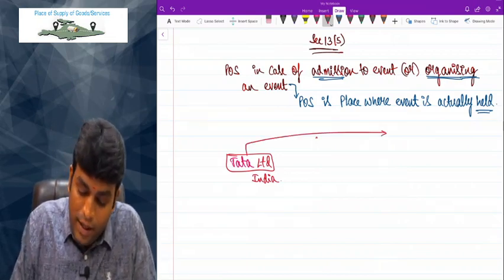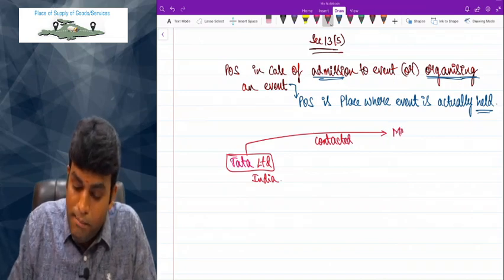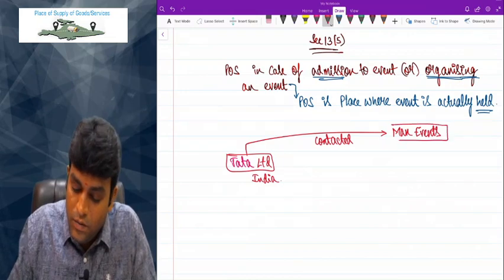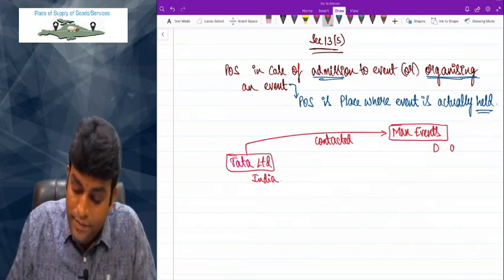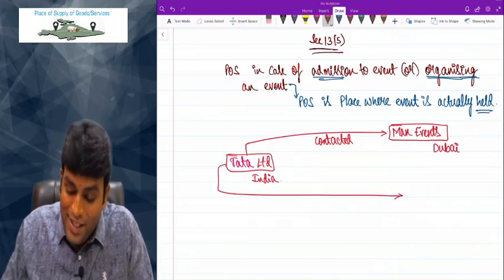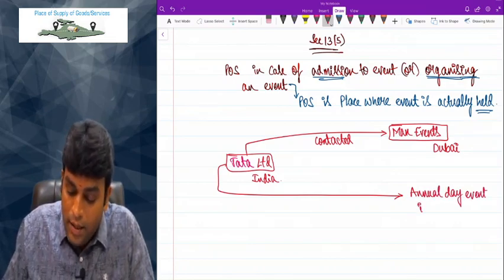Now Tata Limited contacted Max Events of Dubai for the purpose of organizing Tata Limited annual day event. Tata Limited annual day event in Abu Dhabi.